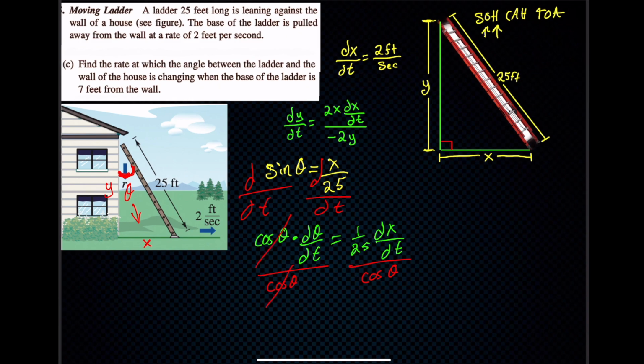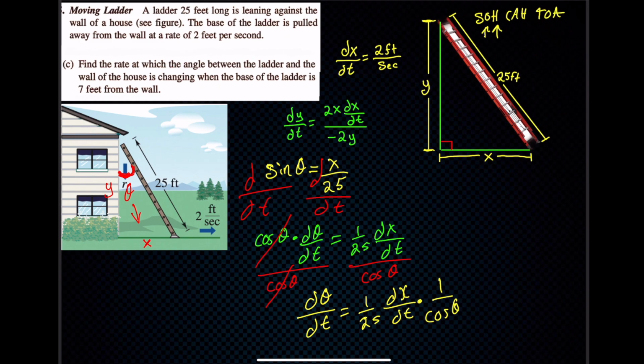So that crosses out my cosine, and I'm left with d theta over the change in time equals 1/25 times the change in x with respect to time, times 1 over cosine theta. So I'm ready to plug in all of the numbers to find the solution.